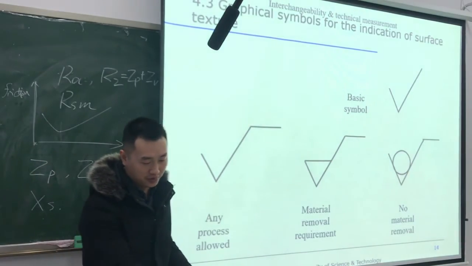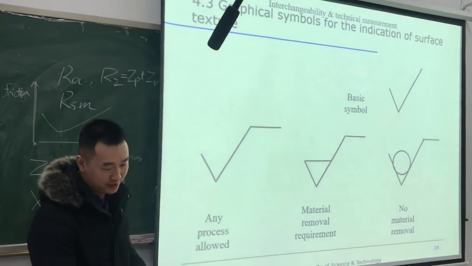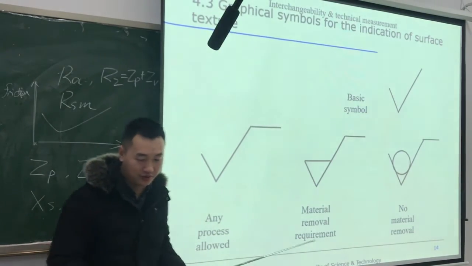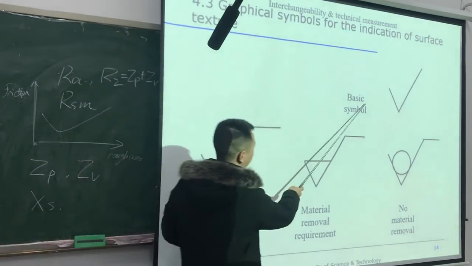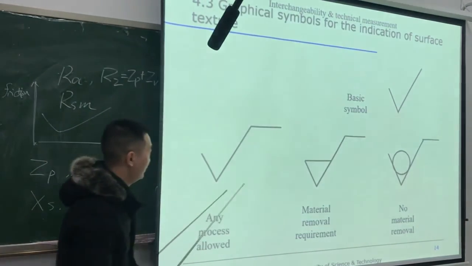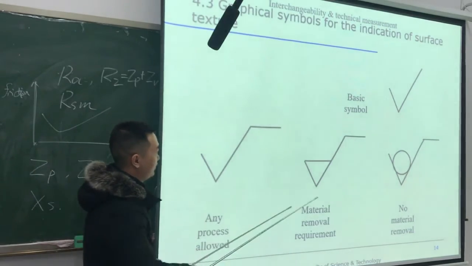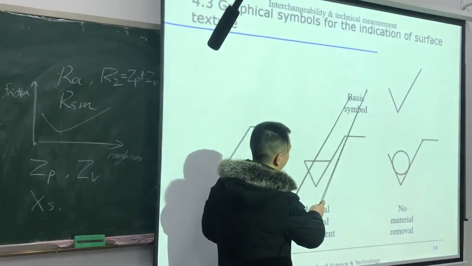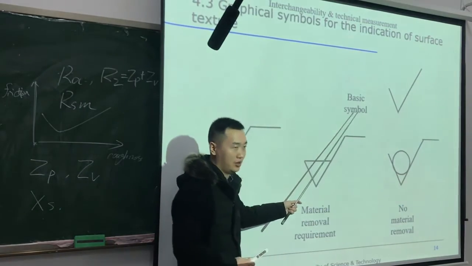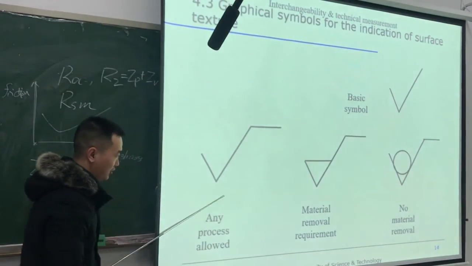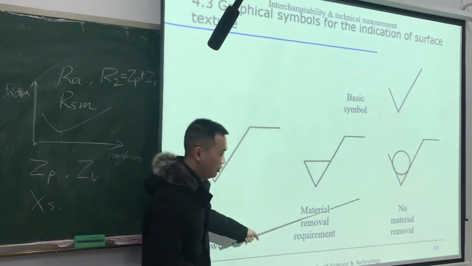Next, we will learn the graphic symbols for the indication of a surface. Here is the basic symbol. Normally we do not use this symbol alone, and in most cases we are using these three symbols.